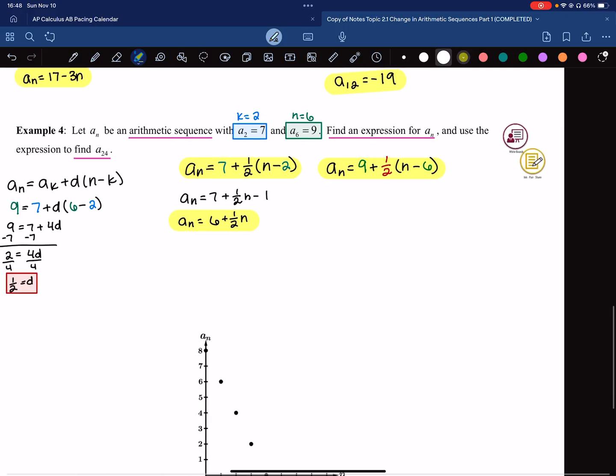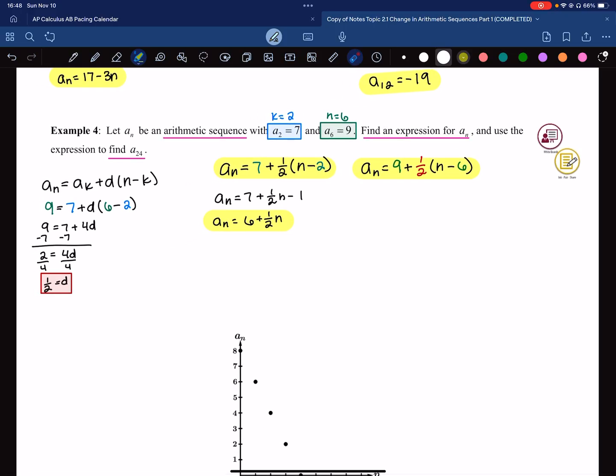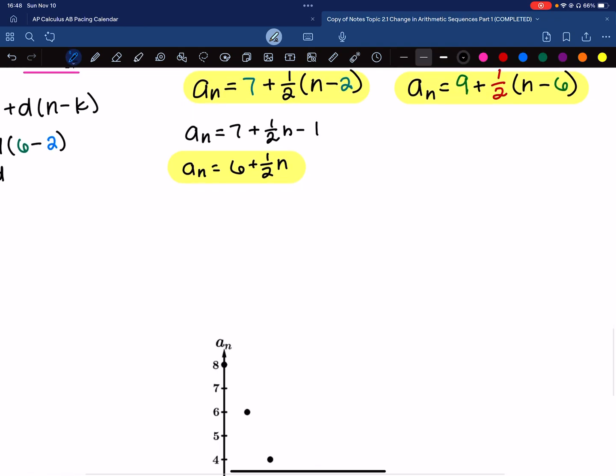Okay, now for a sub 24, I personally would use the simplified version, but you can use any of the highlighted versions. So a sub 24 is equal to 6 plus 1/2 times 24. Half of 24 is 12. 6 plus 12 is 18.